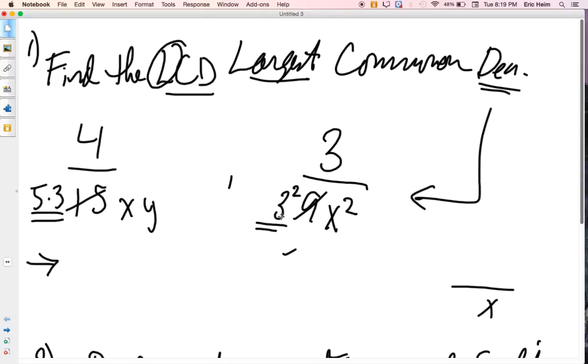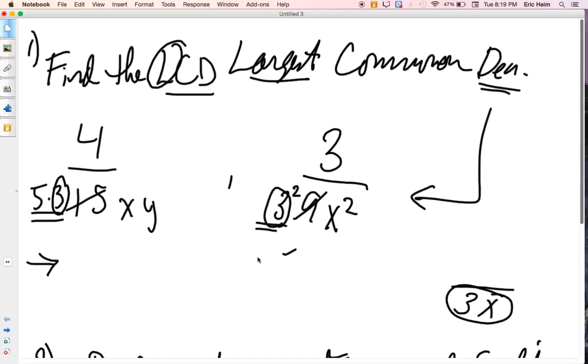There is a factor of 3 here and a factor of 3 here, but not the 3 squared. Okay, so we can take out one factor of 3 and write it down here. There is no factor of 5 in the right-hand side, and therefore the largest common denominator between both of these things is 3x, in my opinion.